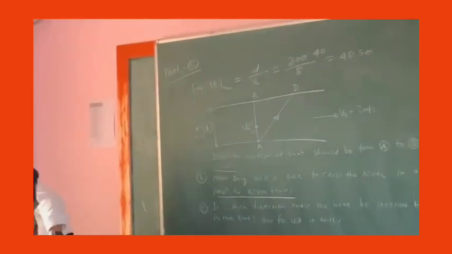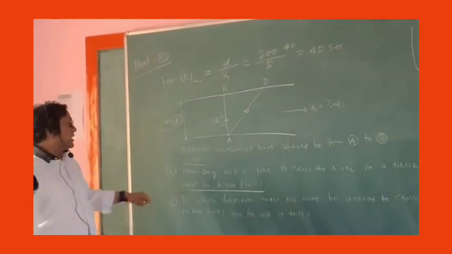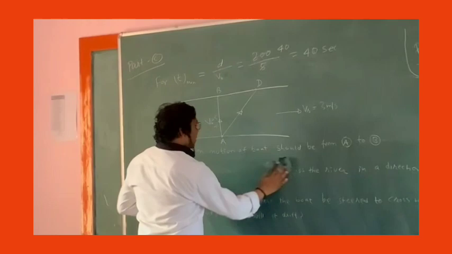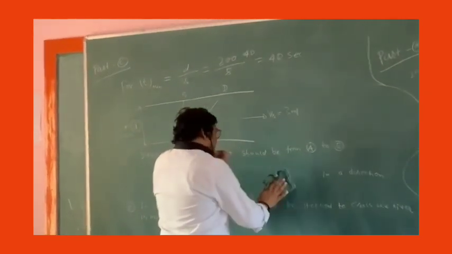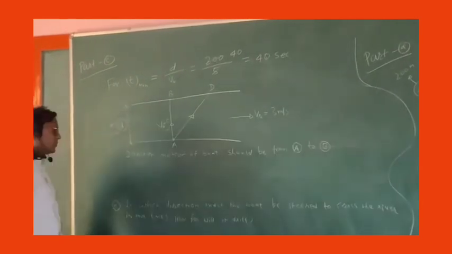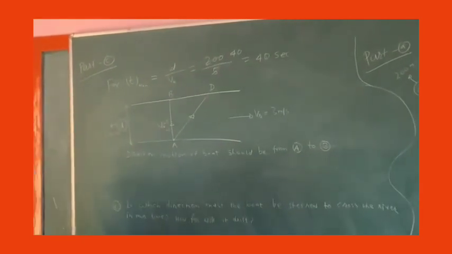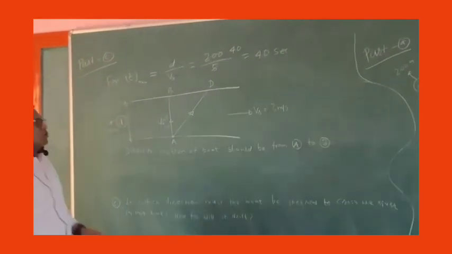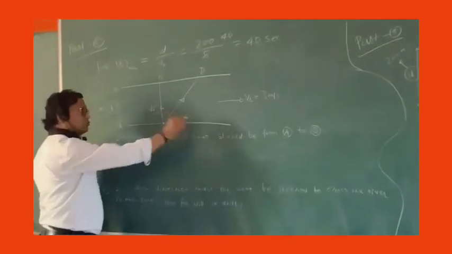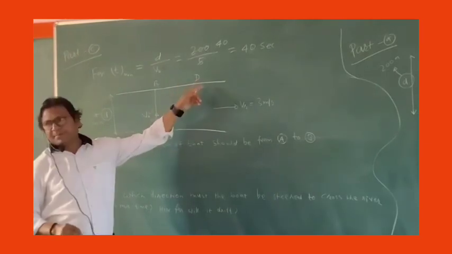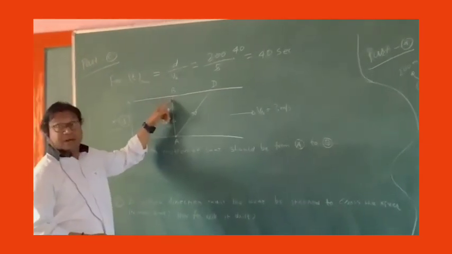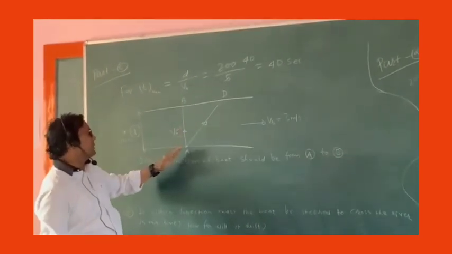Okay, and next they are asking how far will it drift? So their minimum time is, actual path is from A to D. The boatman is targeting B, but due to water flow, what will be its path?